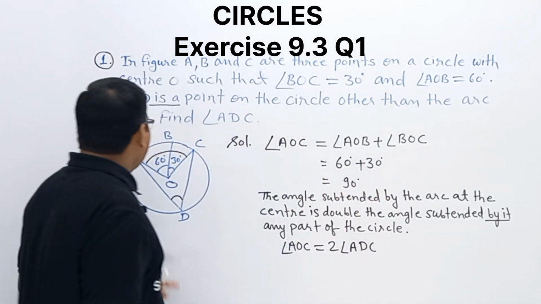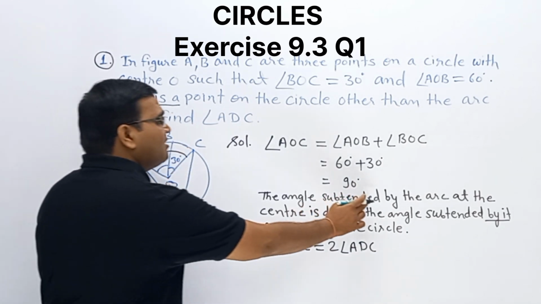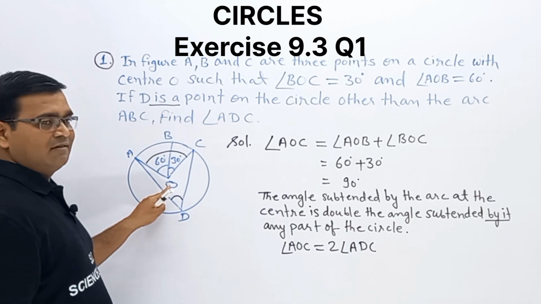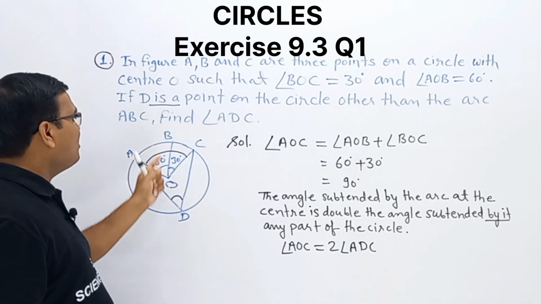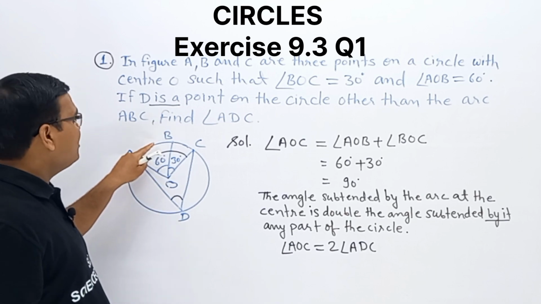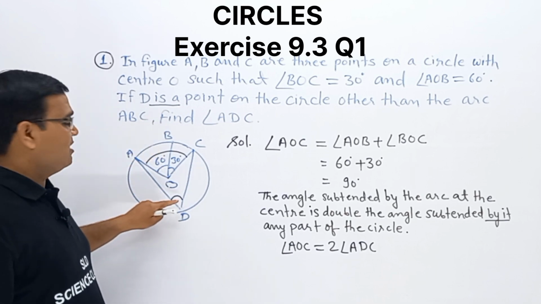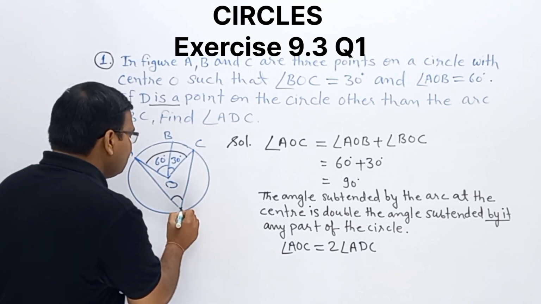Observe again. The angle subtended by this arc at the center is double the angle subtended by this arc at any part of the circle. Any part of the circle means we have a point there.